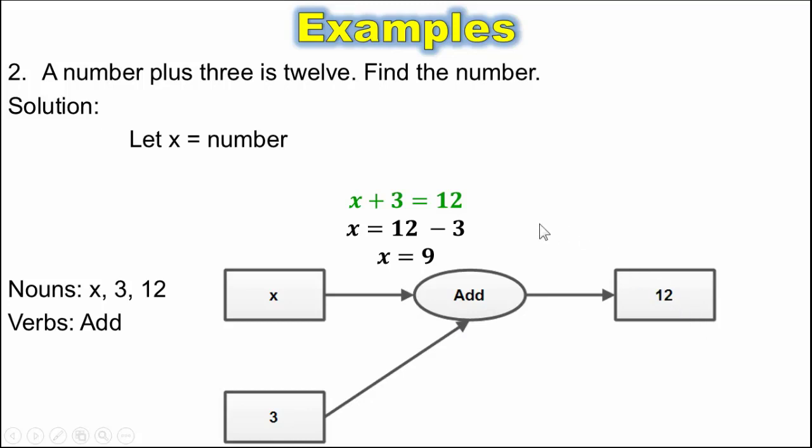To find the number, we simply apply the algebra transposition technique. So this positive 3 will be transposed to the right side and it will become negative 3. So x is equal to 12 minus 3 and the value of x is 9. So the number that we are trying to find is the value 9.